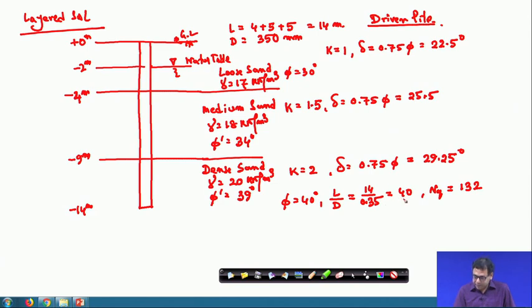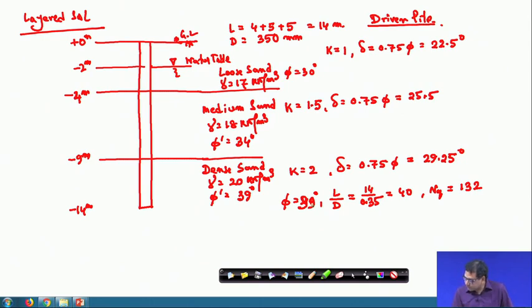So, that phi value is 39 degree where the tip, or pile base, is rested. Total length of the pile is used when you are talking about L by D.